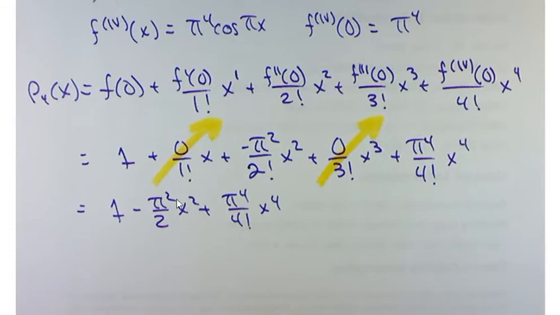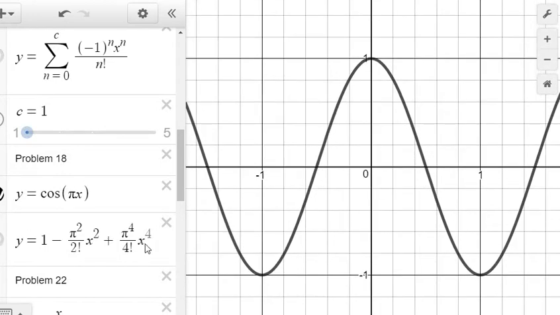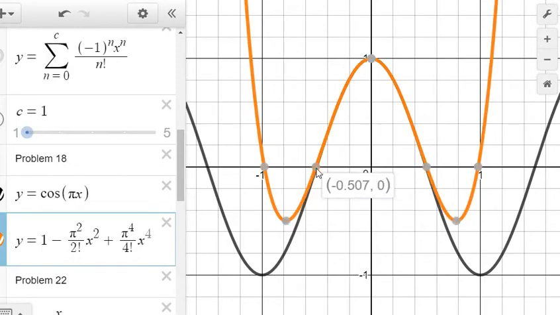Let's see how good it does. So, here's your cosine. Let's see our polynomial. Not bad. Until you get to about negative 1/2, the polynomial is not too bad. But certainly, the closer you are to the center, the better it is.